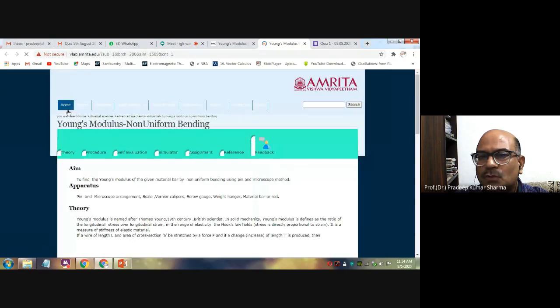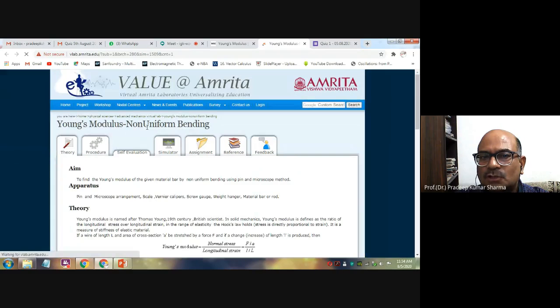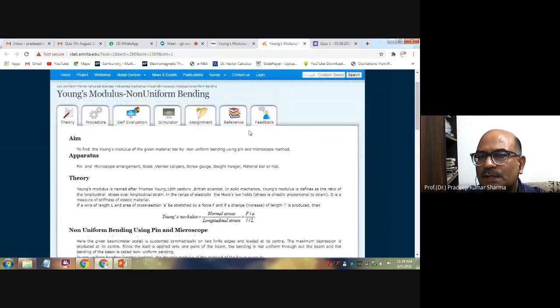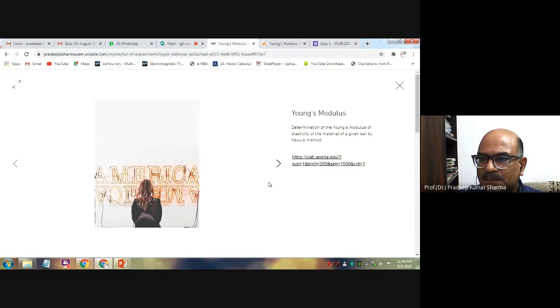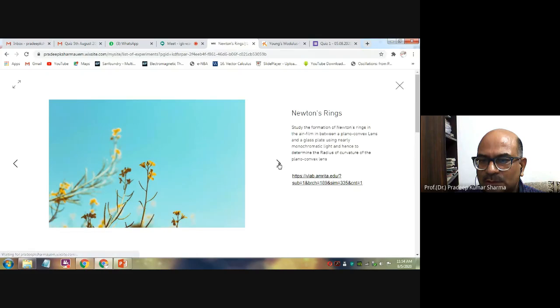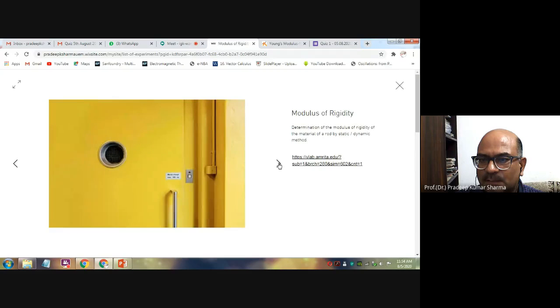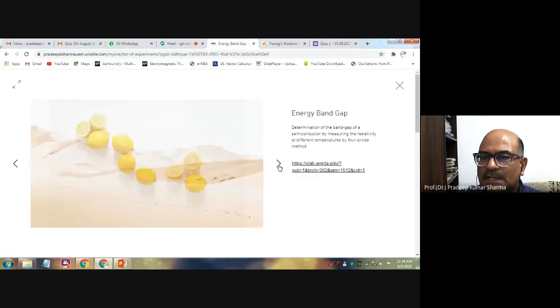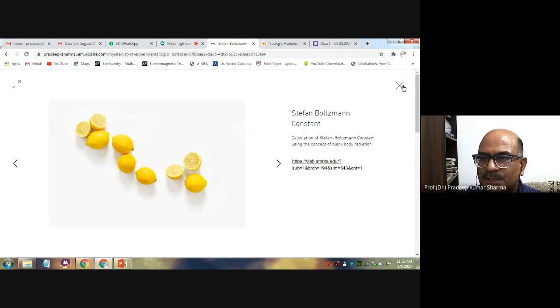So it will go to the Young's modulus non-uniform bending. So there is a virtual laboratory available. So this way you can do. This we will discuss in detail later, but this is the way you can perform the experiments. So by clicking on these, the experiments will keep on changing, and the link is available here, and you can learn about the experiments. The virtual laboratory is available.